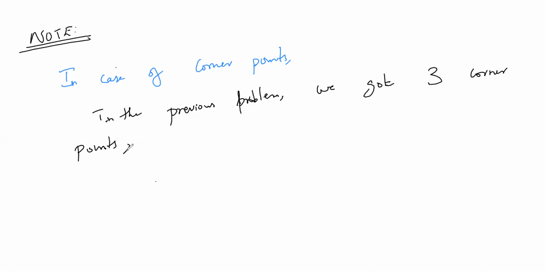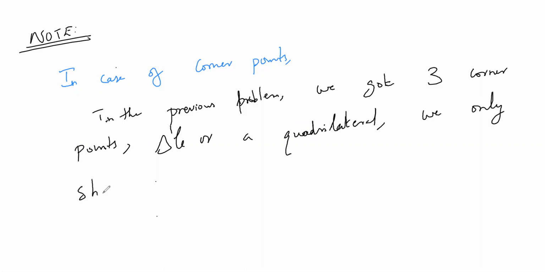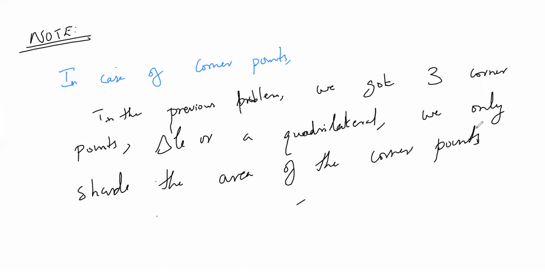Which means it is either a triangle or a quadrilateral. We only shade the area of the corner points. If it is less than 3, that is 2.